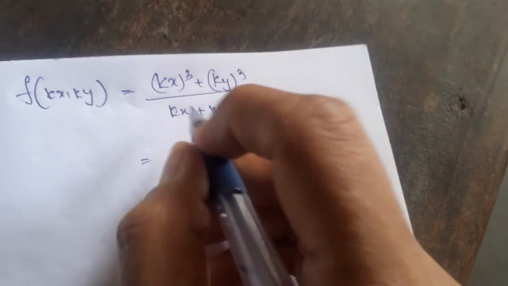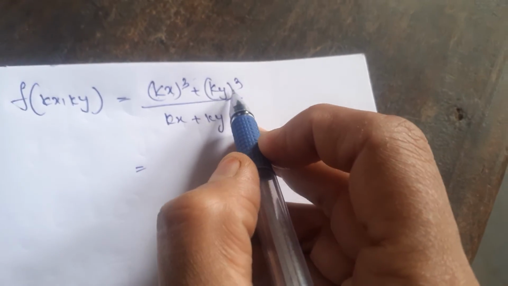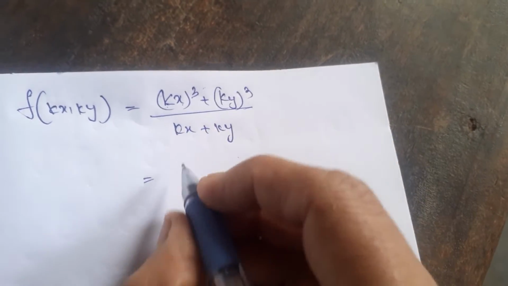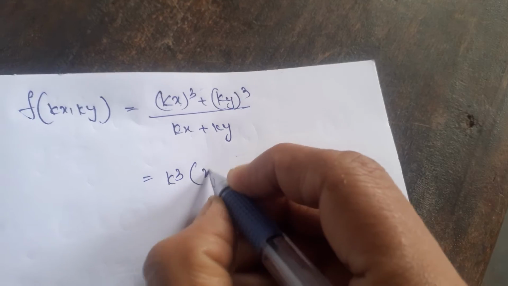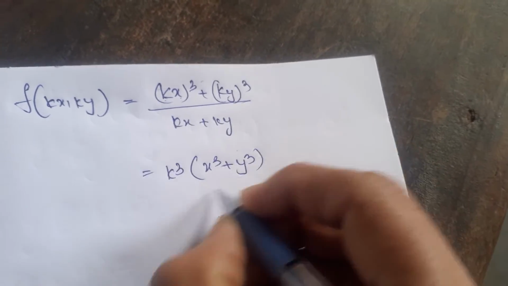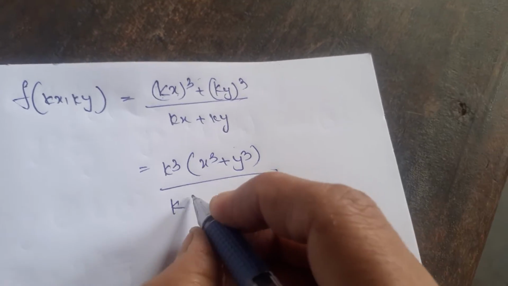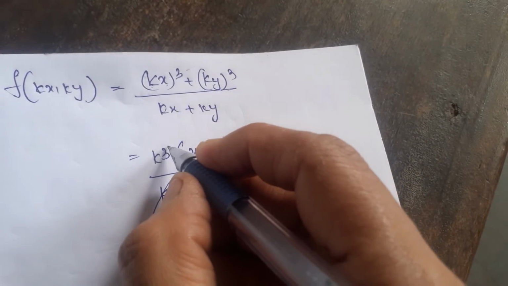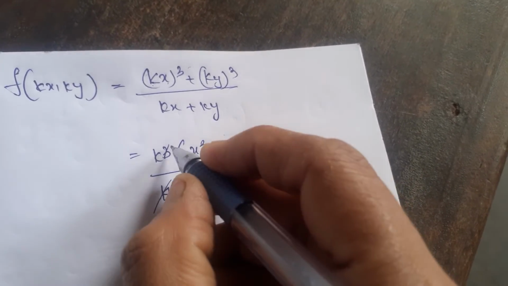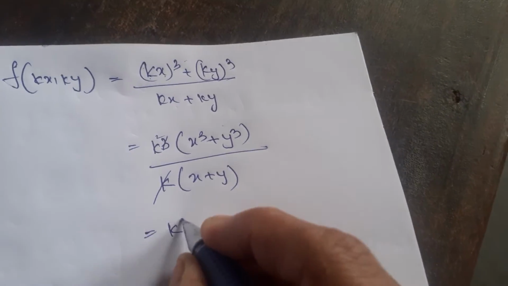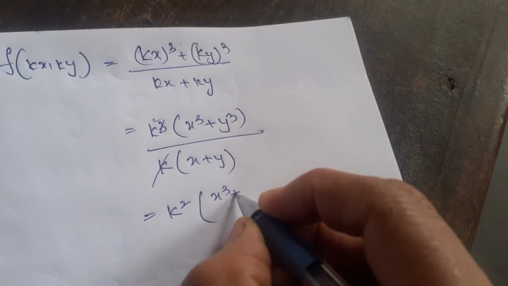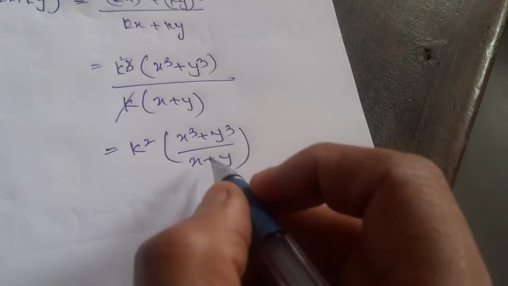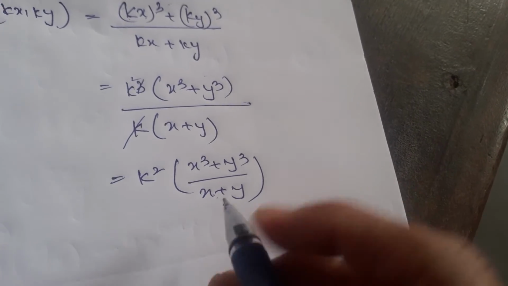So we have k cube in the numerator. Taking k cube common, it becomes x cube plus y cube, and in the denominator taking k common, it becomes x plus y. Cancelling k cube with one k, it becomes k square times (x cube plus y cube) by (x plus y).